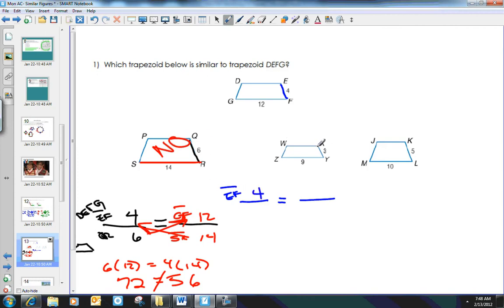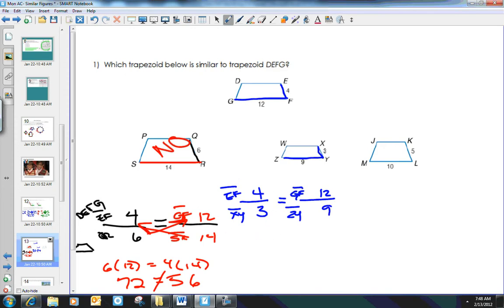Segment XY is the corresponding side, and it's worth 3. And then we're going to look at GF again. Segment GF is worth 12, and segment ZY is the corresponding, and it is worth 9.